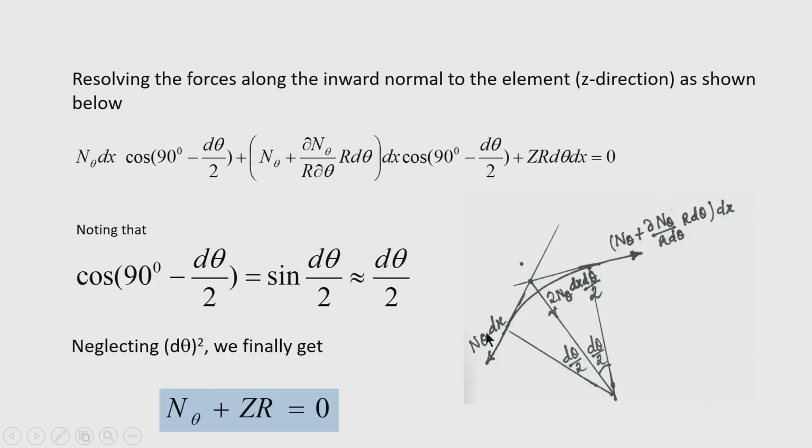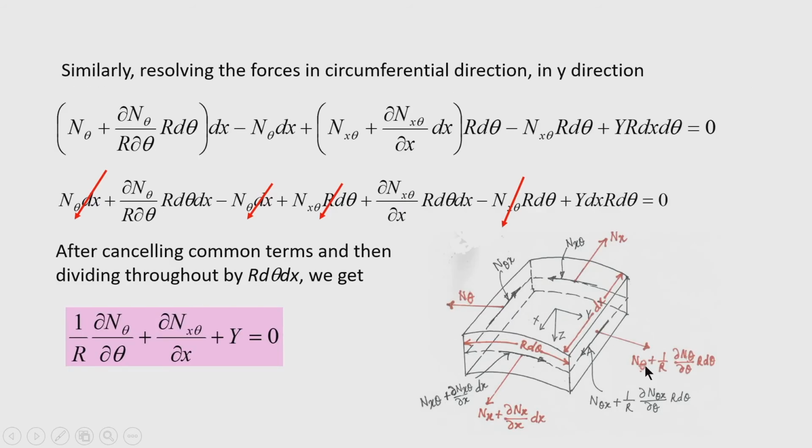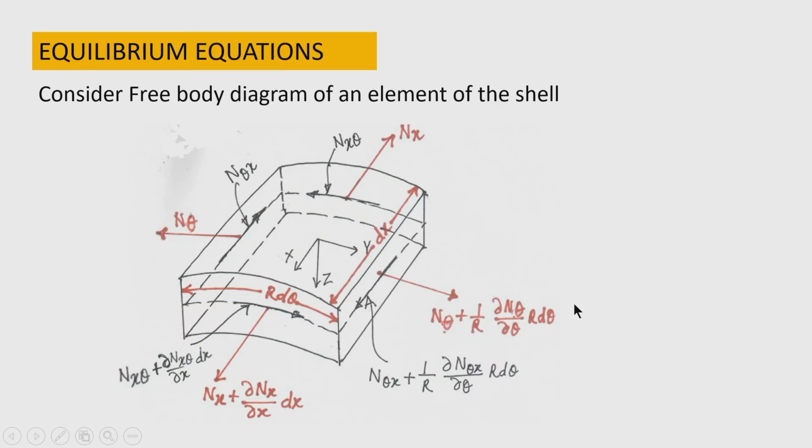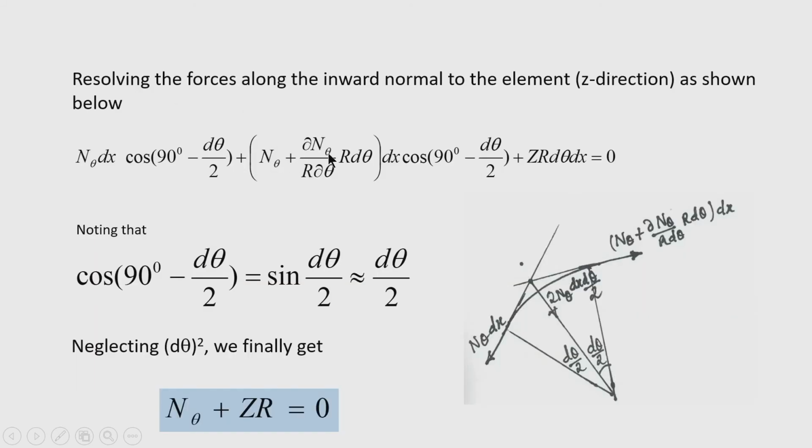So, the total force here is n theta dx. On the opposite edge, it will be n theta plus 1 by r del n theta by del theta r d theta into dx.